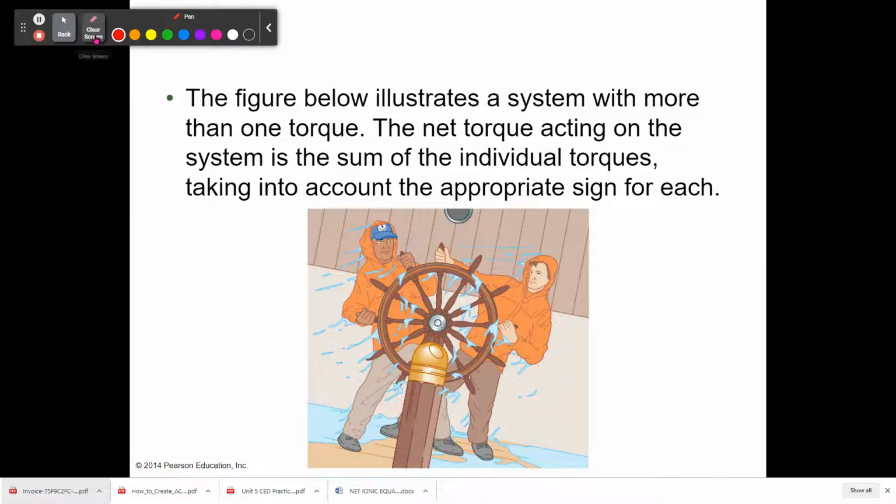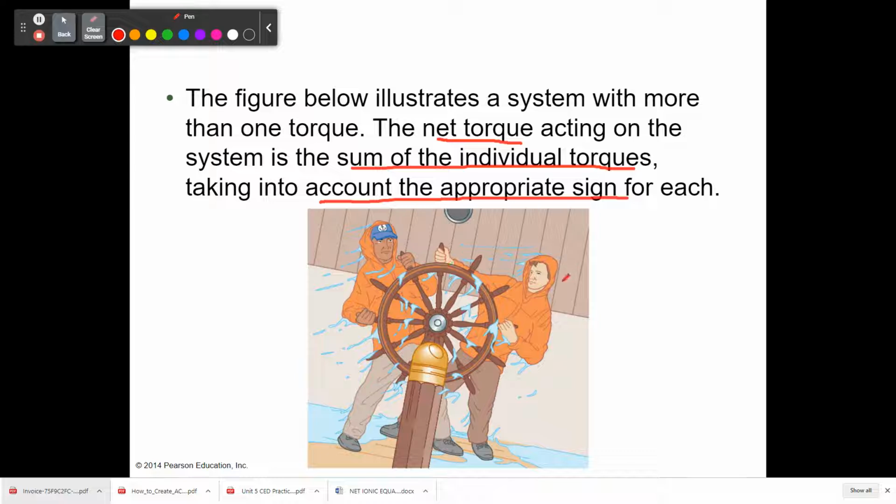Okay, and if you have more than one torque, just like in linear respects, we just add the torques together, just like if we have more than one force applied, we add those forces together. So this illustrates a system with more than one torque. The net torque acting on the system is going to be the sum of the individual torques, taking into account their appropriate sign.